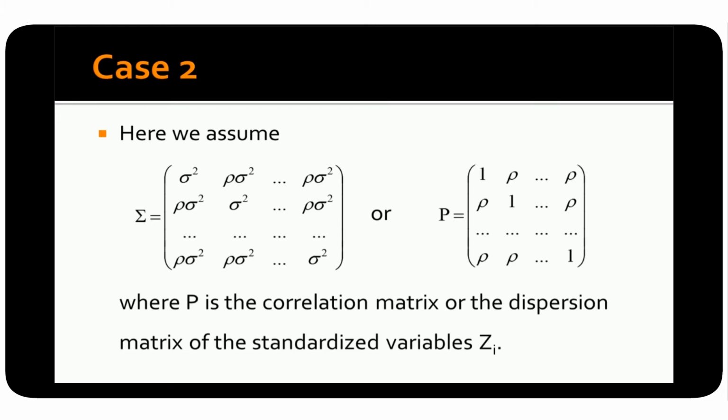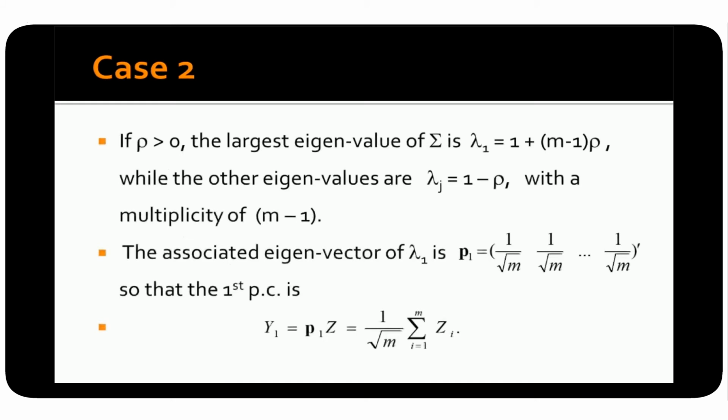Remember, we have a situation like this when the correlation between the different variables is the same and the variances are constant, equal to sigma square. So, if you have constant variances and the same correlation for every pair of variables, then we can have a matrix of this type.